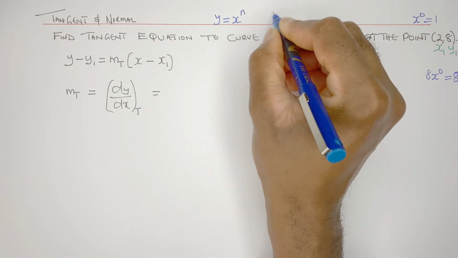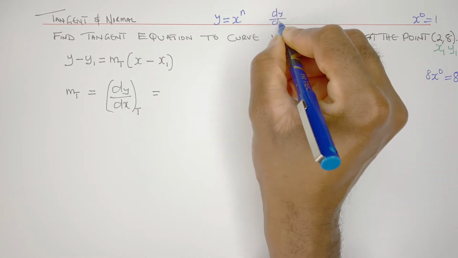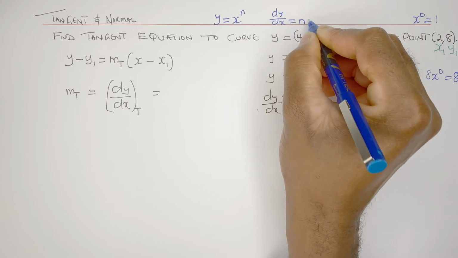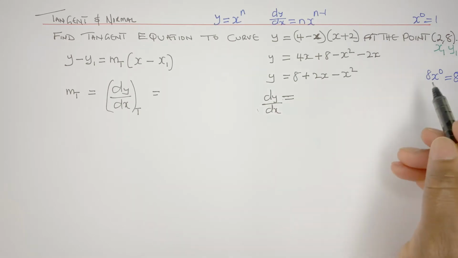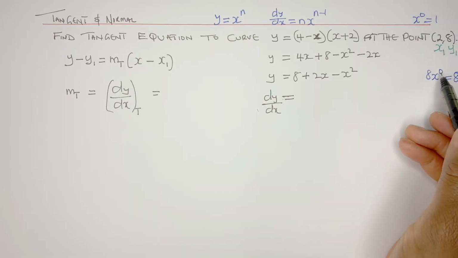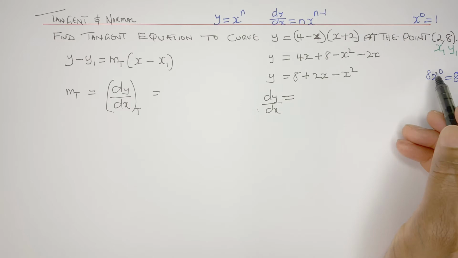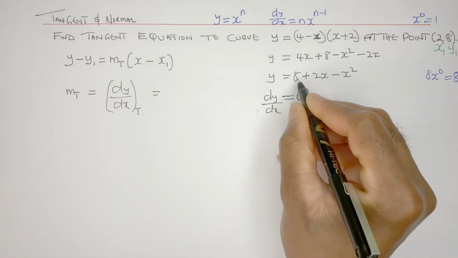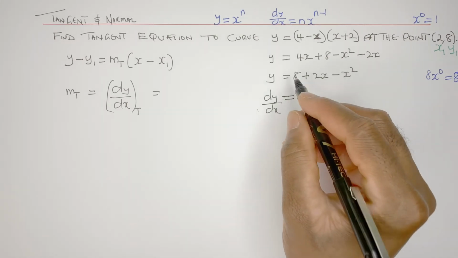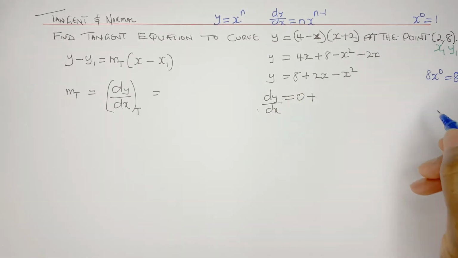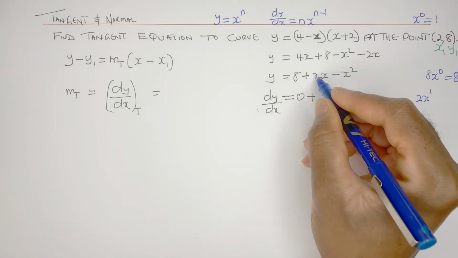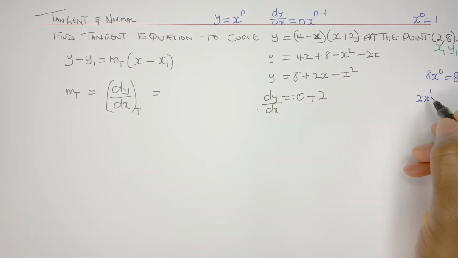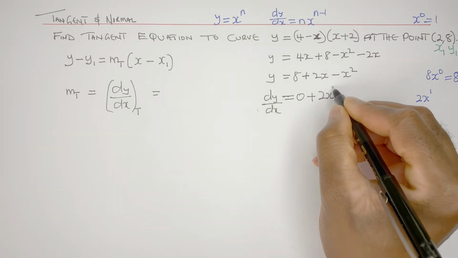And then the gradient for that, dy/dx, is n x to the power n minus 1. For n is 0, 0 times 8 will be 0. If you differentiate a constant, it's 0. Plus, for 2x, n is 1, so 1 times 2, so we put 2 there, and then x to the power 1 minus 1.